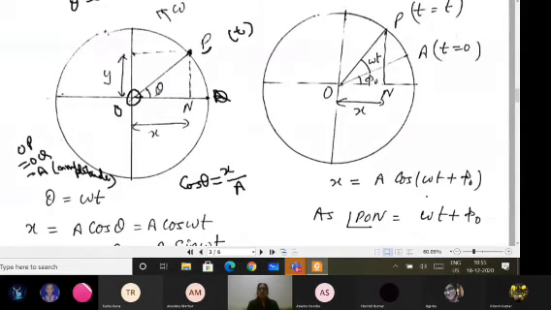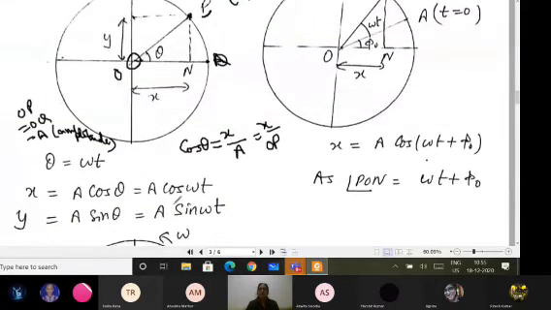So cos theta is x upon OP, and OP equals amplitude. From here you can write that x equals a cos theta, or a cos omega t.